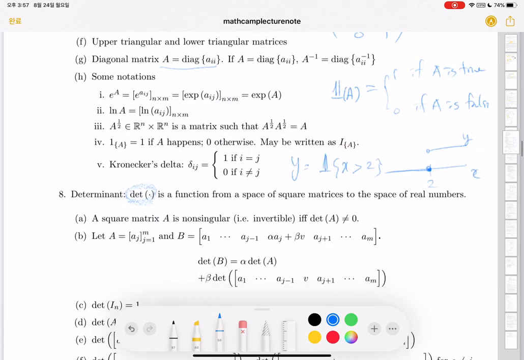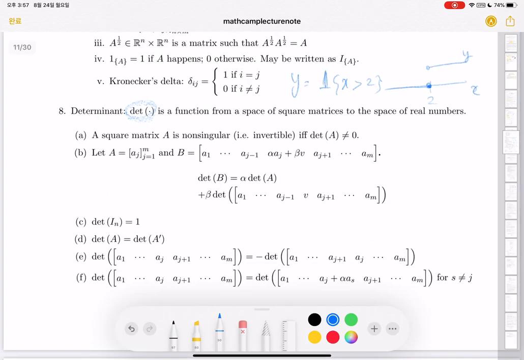A square matrix A is invertible, and when a matrix is invertible it's called non-singular, if and only if the determinant of A is not 0. In other words, if the determinant of A is 0, then it's not invertible, it's singular.